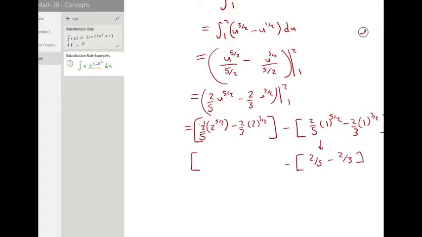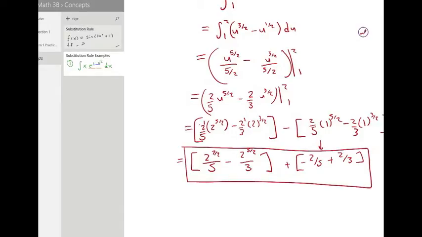So we can look at these 2's out here as 2 to the 1 and just add the exponents. So we can have 2 to the 7/2 over 5 minus 2 to the 5/2 over 3. And if you want, we can distribute this negative. And there's not much more simplification that can be done here. And that is example 3.